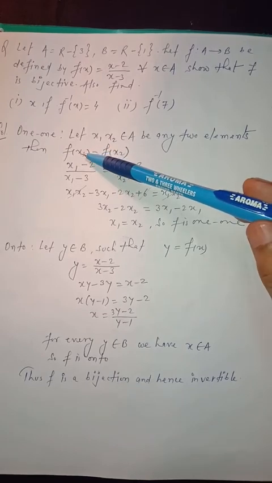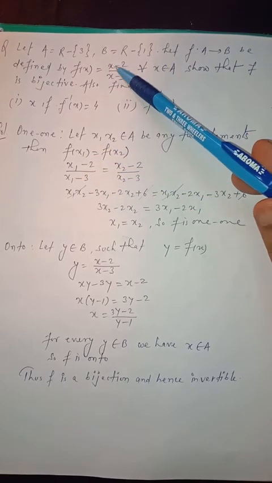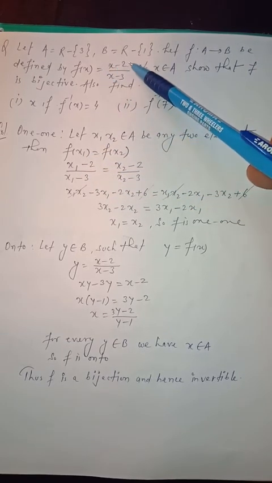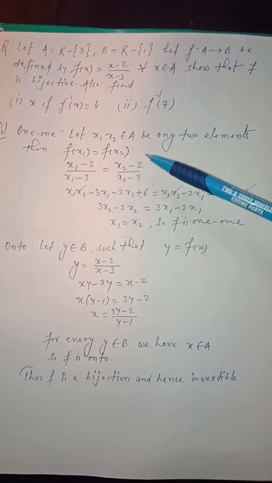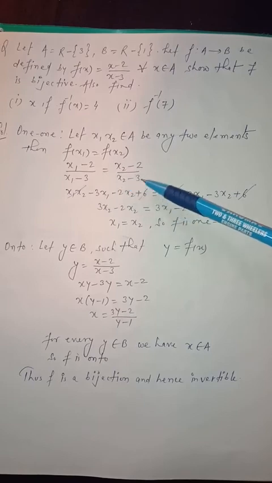So this is f of x1, so we will replace x by x1. Everywhere in place of x we will write x1. So f of x1 will be (x1 - 2)/(x1 - 3). Similarly, f of x2 we will write as (x2 - 2)/(x2 - 3).